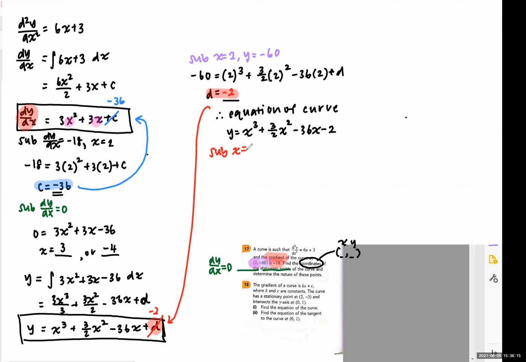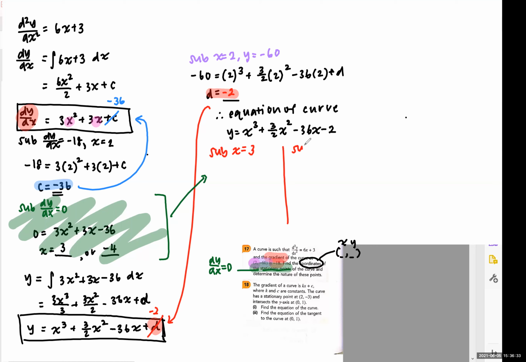Stationary points means what? Gradient is 0. Okay, this section here. So you must be very careful. Sub x equals to 3 and x equals to -4. So sub x equal to 3 and here sub x equal to -4 into where? Into the equation of curve.